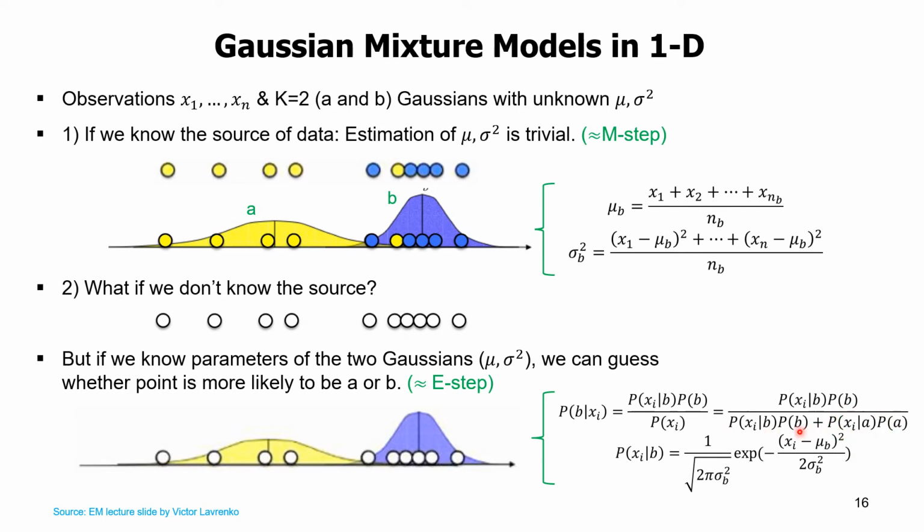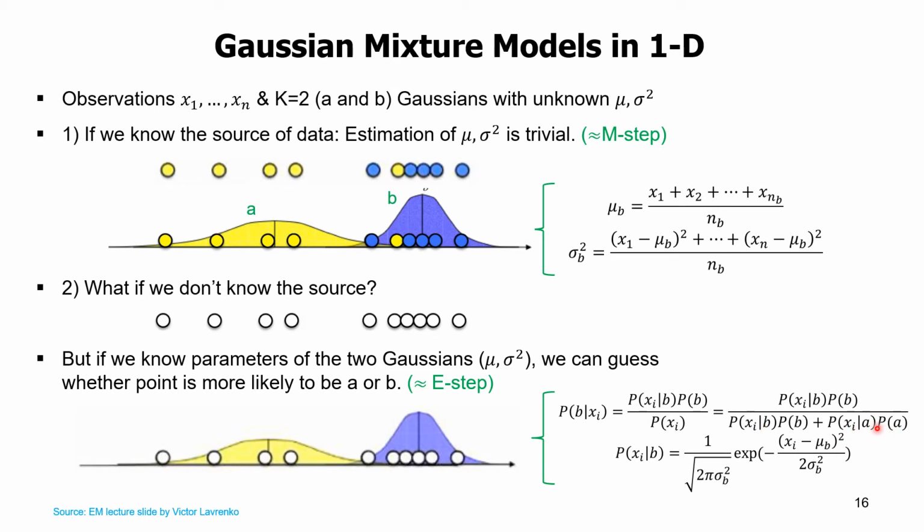So here, when X is selected from distribution B, what's happening is you select distribution B first, and then within distribution B, this is the probability that data Xi is selected from distribution B. The same thing here.